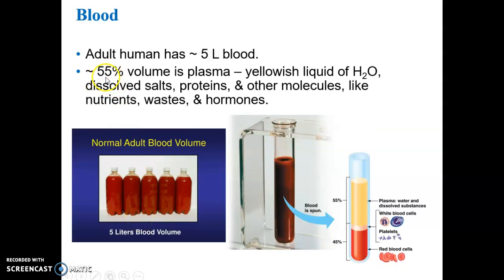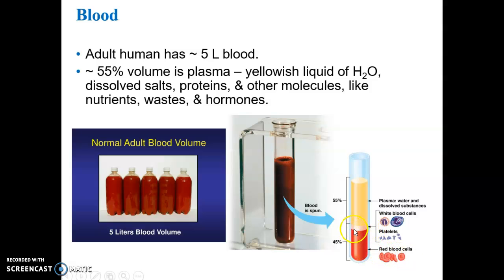About 55% of the volume, just over half, is called blood plasma. So if you take a specimen of whole blood, fresh from a person, put it in a test tube and spin it, centrifuge it rapidly, it will separate into its component parts based on density or thickness, if you will. Towards the bottom, the heavier components are the red blood cells.